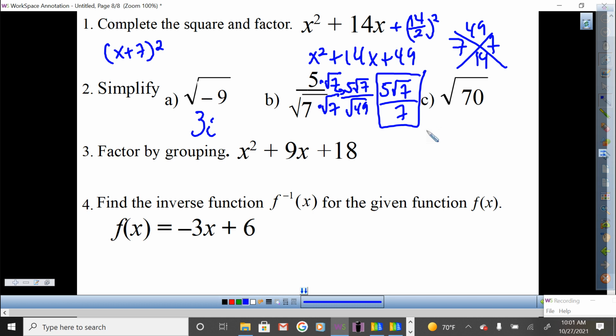C. Let's see what your neighbor got. Turn to your neighbor, see what they got for that one. Alright, so this is approximately between 64 and 81, is that correct?